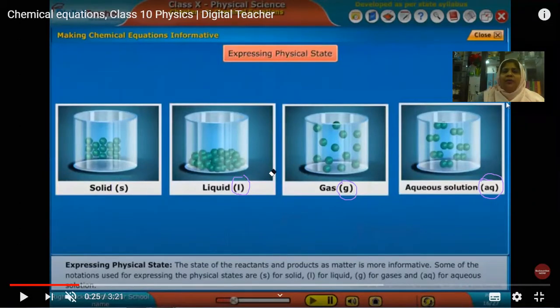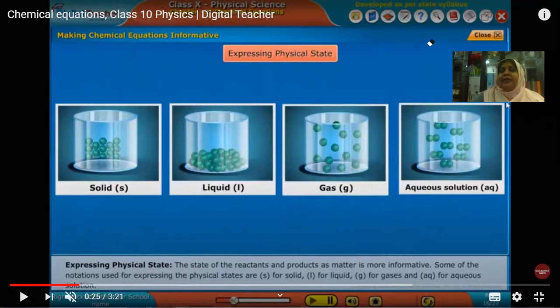Now let us see what happens. These are the physical states of the elements. An element can be in any of these states when it is reacting as a reactant, and the products formed will also be only among these states: solid, liquid, gaseous, or aqueous.